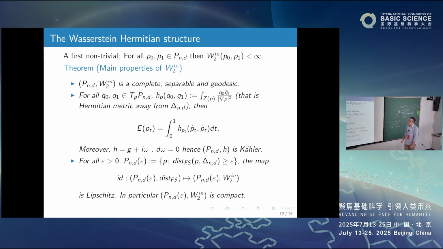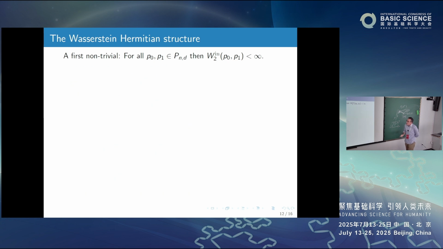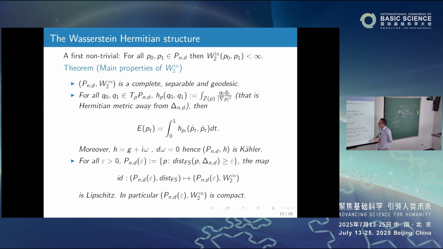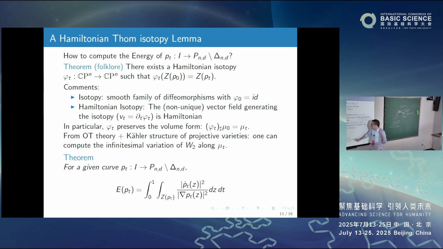So let's summarize what we have obtained at the end. For any two polynomials, the first thing that we have proved is that this distance is actually finite. This is non-trivial because we have to show that it is admissible. If you take, for instance, a linear interpolation from one polynomial to the other, you're not sure that you're not going through the discriminant.